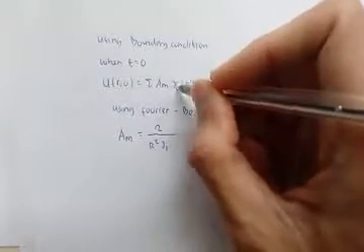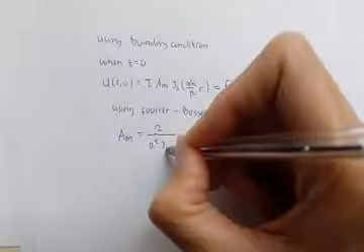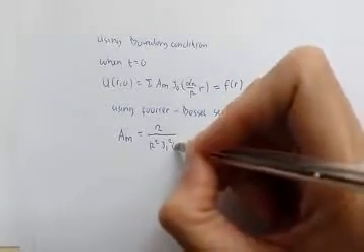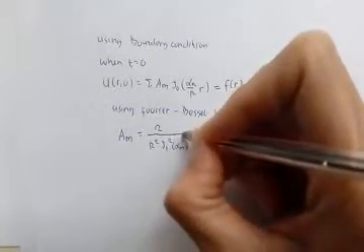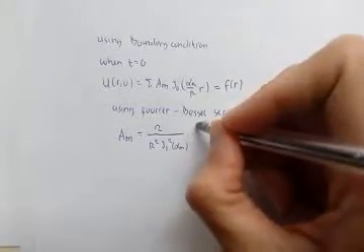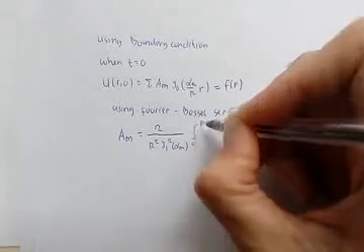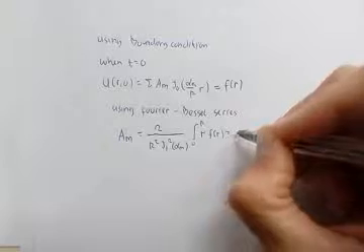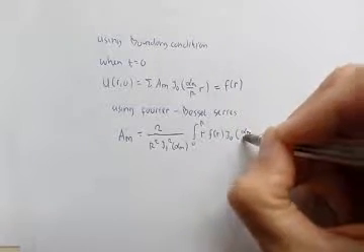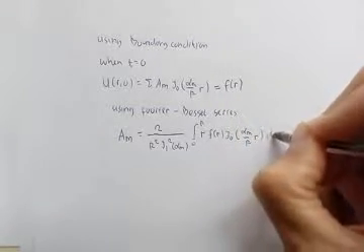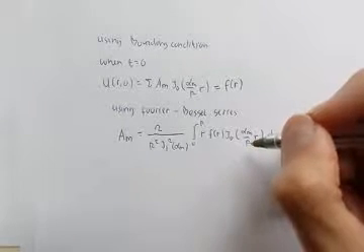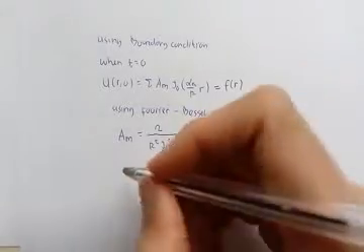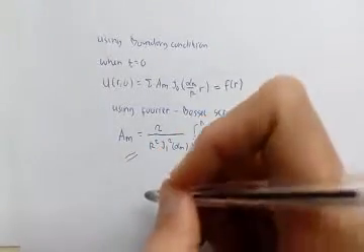So if this is J_i, this will be J_{i+1} squared of alpha m, multiplied by the integral. Okay, in the same way we need to find b_m. This is a_m, we've done it.